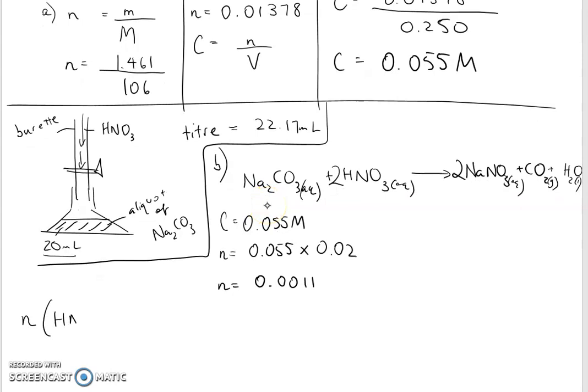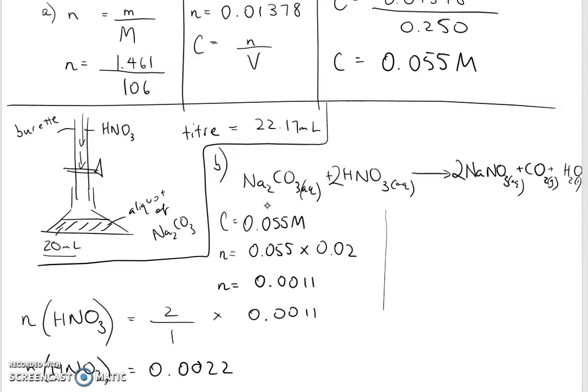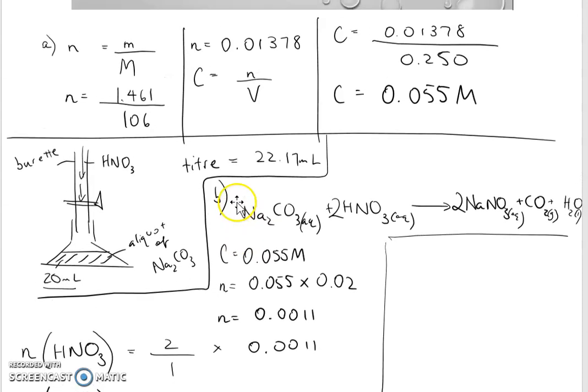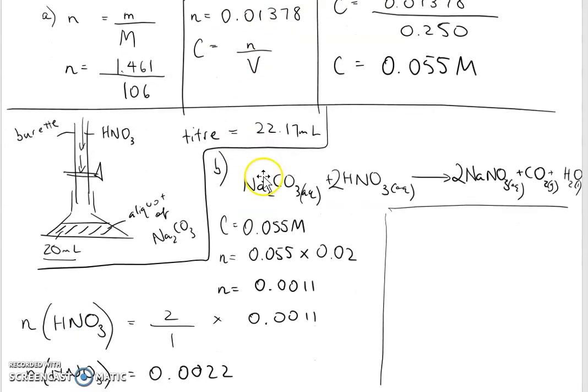So the moles of this nitric acid are going to be the unknown over the known ratio coefficient, okay? So just double. So the moles reacting will be 0.0022 of the nitric acid. And so what the question is actually asking is find the concentration of the nitric acid.